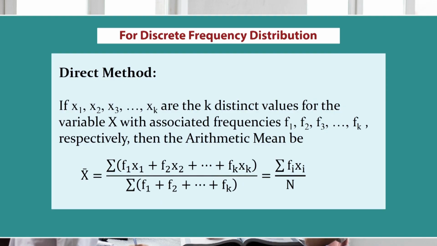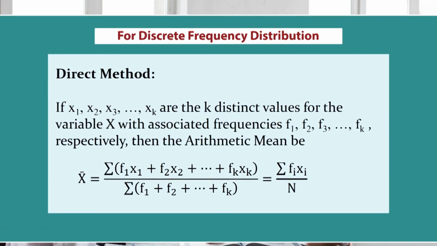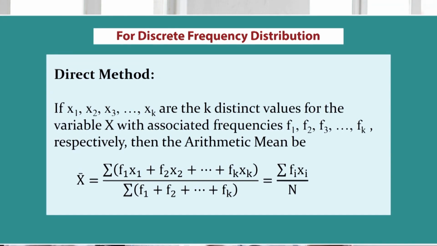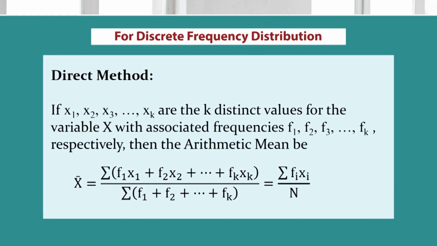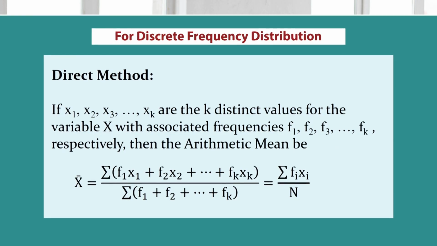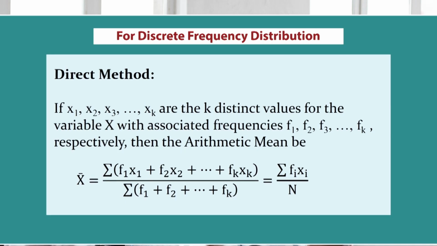Here, if x1, x2, x3 up to xk are k distinct values for the variable x with associated frequencies f1, f2, f3 up to fk respectively, then the arithmetic mean is calculated by taking the product of x1 with the corresponding f1, x2 with the corresponding f2, up to xk with the corresponding fk, and then we take the sum of all the products of xi with the corresponding fi's.